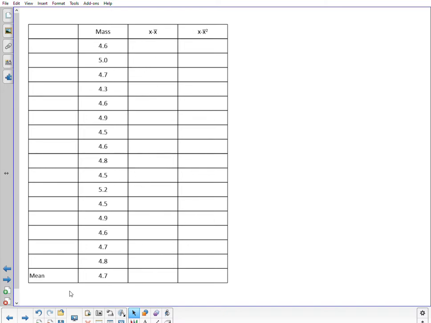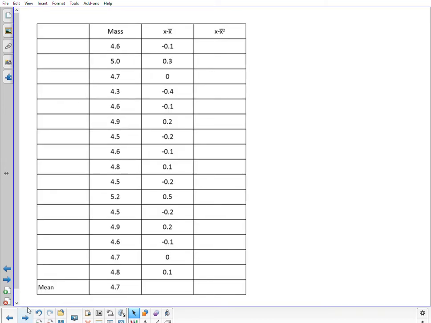And then you will get a set of data that looks like this. Ah, I hear you cry, but some of this data is negative, and that is why we square it. There's a lot of squaring goes on in statistics to give us positive values. So we then square all of these sets of data.